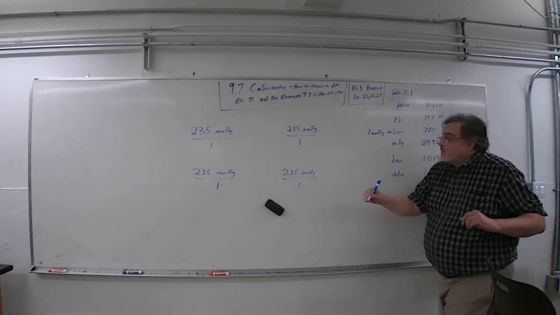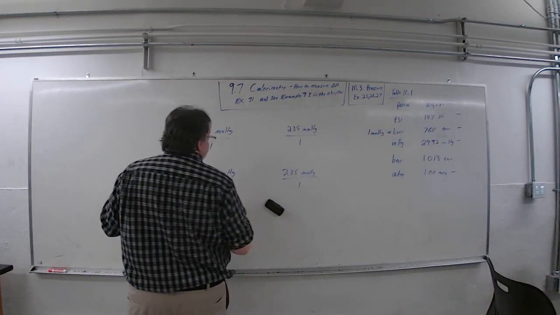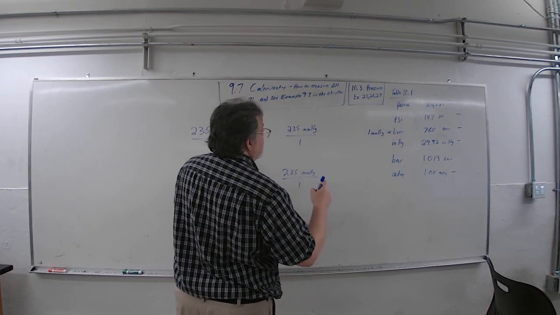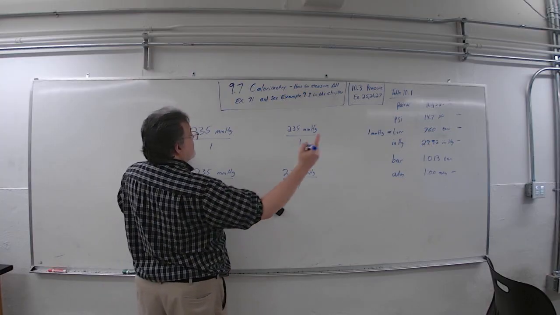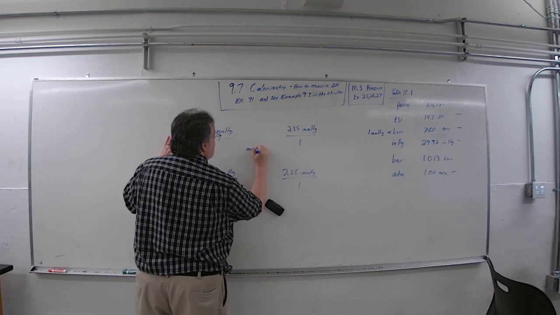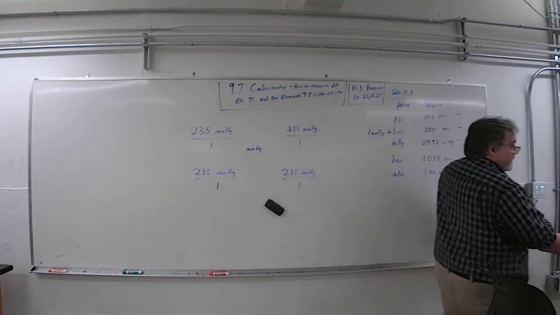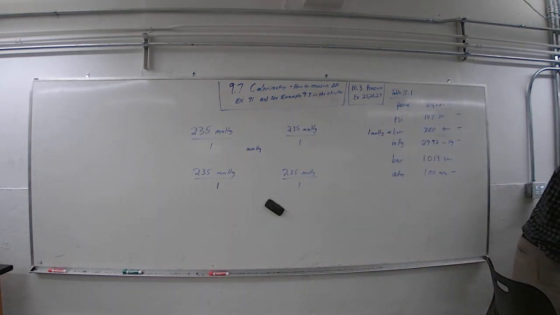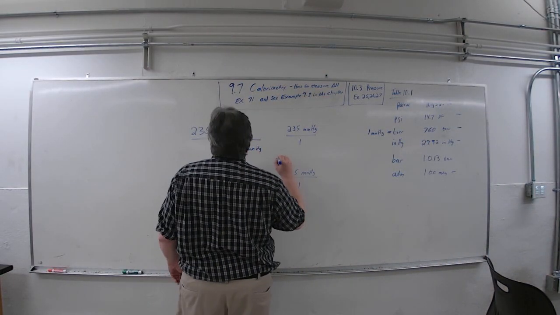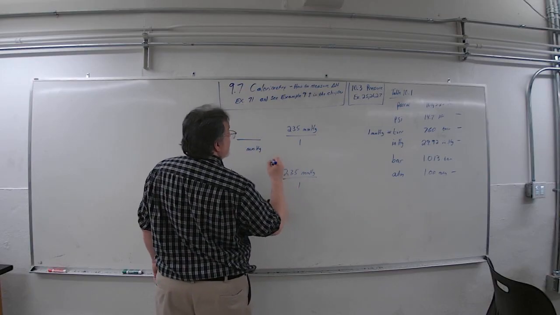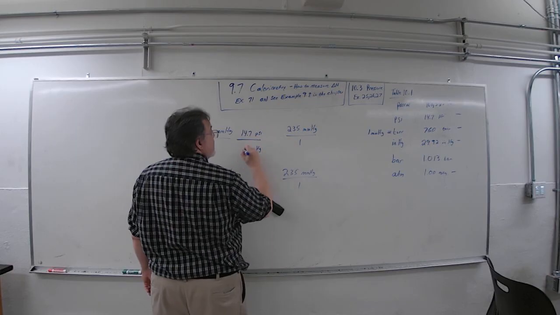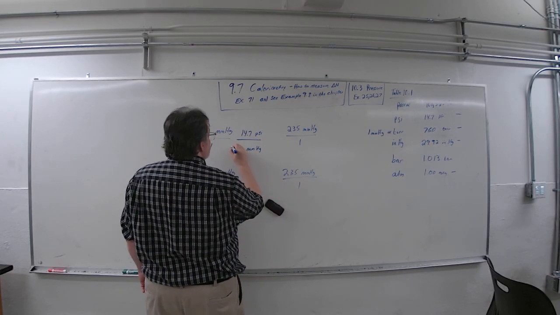Torr is millimeters of mercury. Let me do PSI first. To convert this to PSI, you take what's over there for millimeters of mercury and put it down here. And we're converting to what? We'll do PSI first. 14.7 PSI is 760.